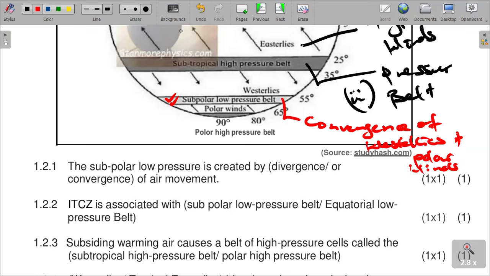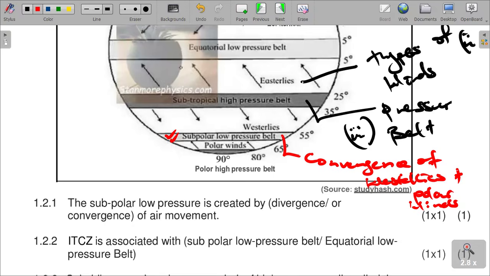As they converge, it results in the formation of the subpolar low pressure that you are seeing there.